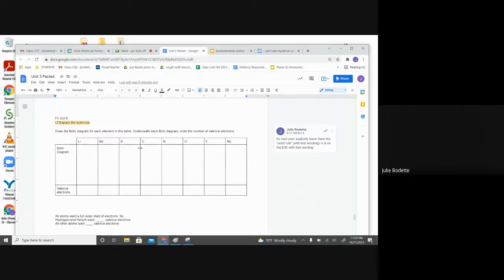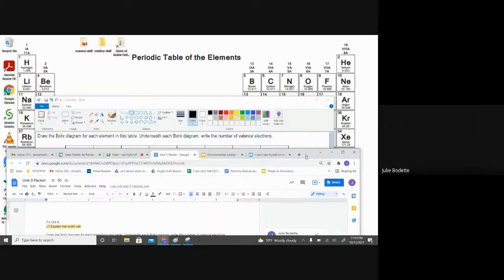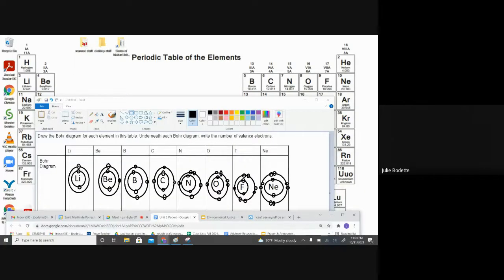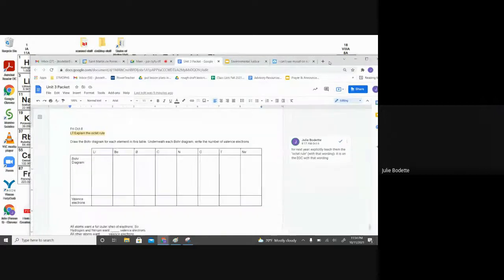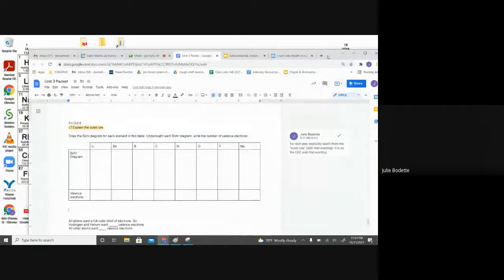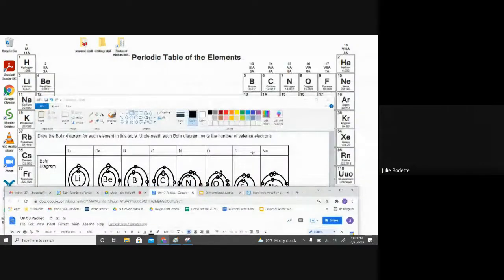So here's the thing about atoms. All atoms want a full outer shell of electrons. So see this outer shell, these valence electrons? These atoms always want a full outer shell. So let's think about how many they want in their outer shell. Hydrogen and helium are small, right? Hydrogen only has 1 electron.